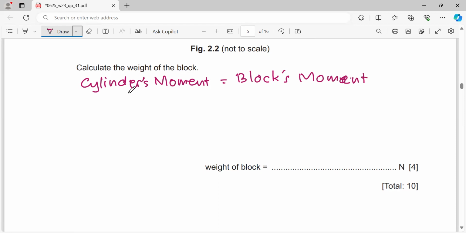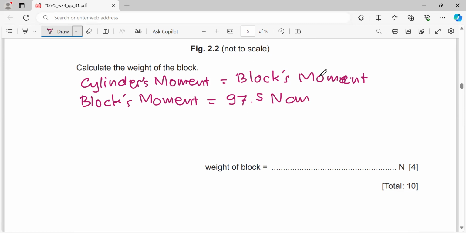So how do we calculate the cylinder moment? The block moment equals the cylinder moment, which is 97.5 newton centimeters.